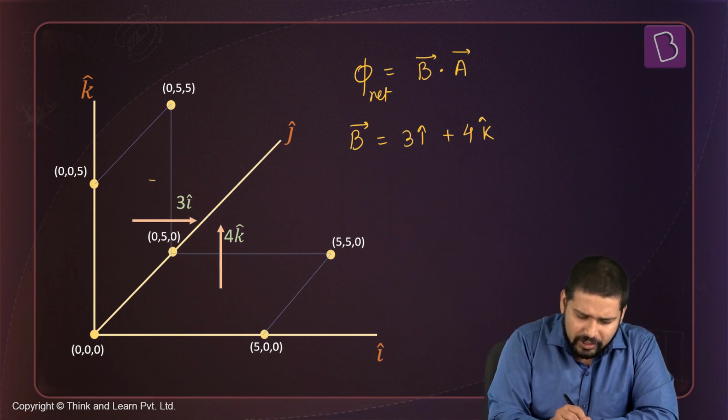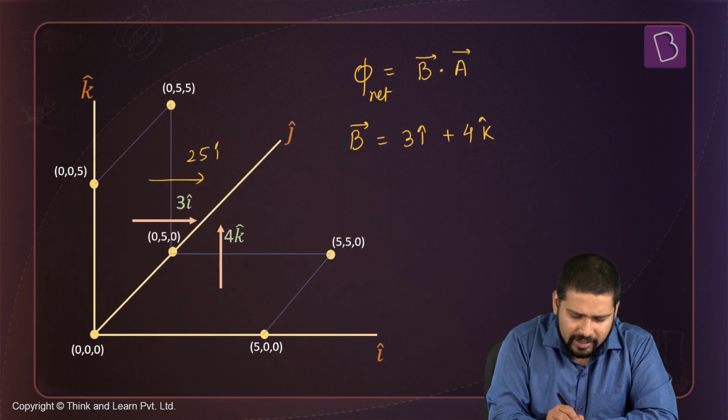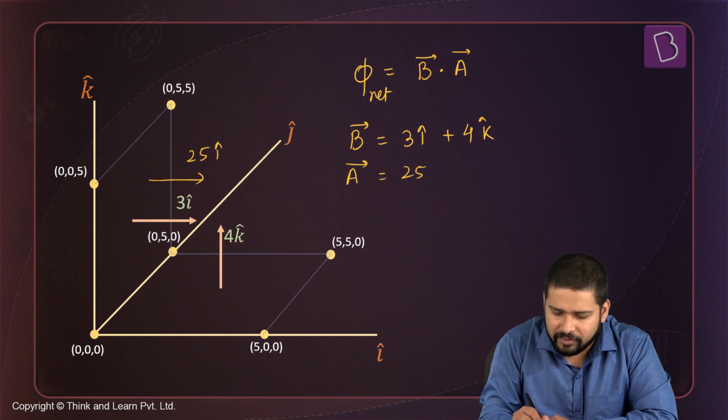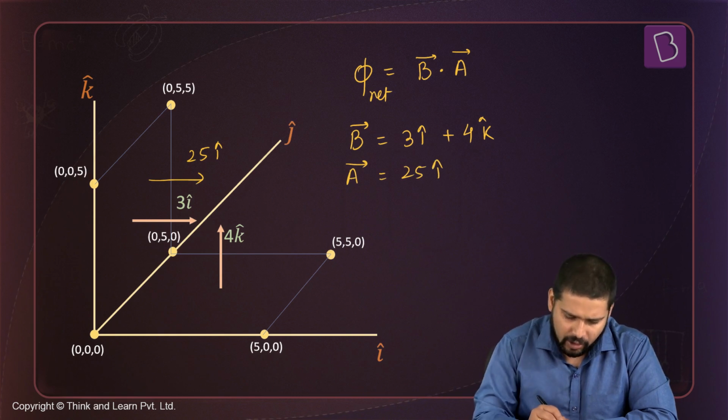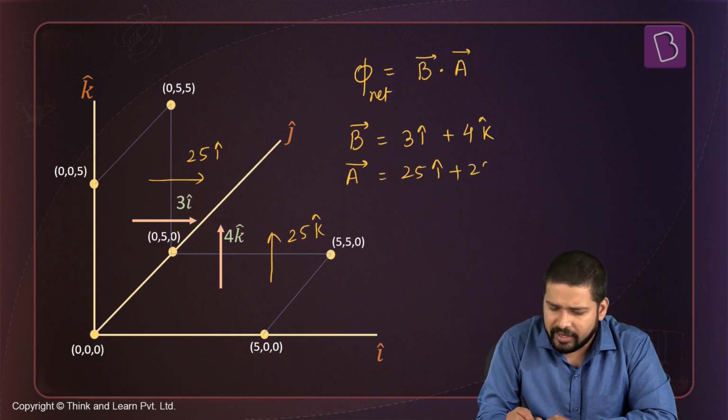For this surface, you know the area vector will be in this direction and the magnitude will be, if you see the coordinates, 5 times 5, and that's 25 i cap, right? So the area vector is 25 i cap, and along this also you'll have an area vector like this, and the magnitude is again going to be 25 and the direction is k cap, so you have 25 k cap, right?